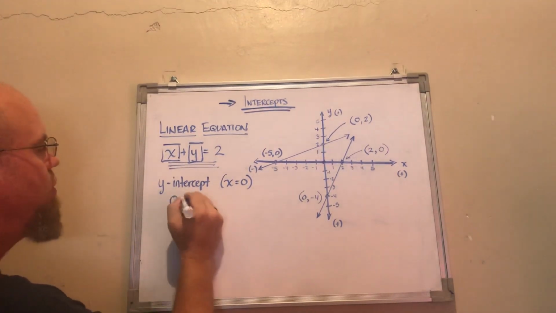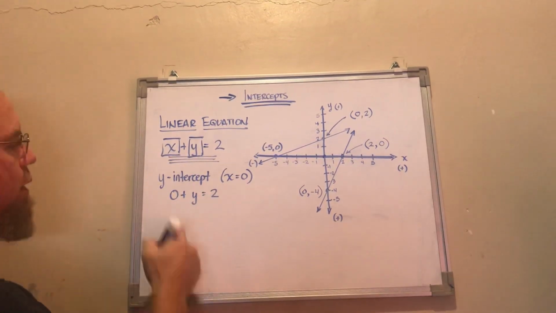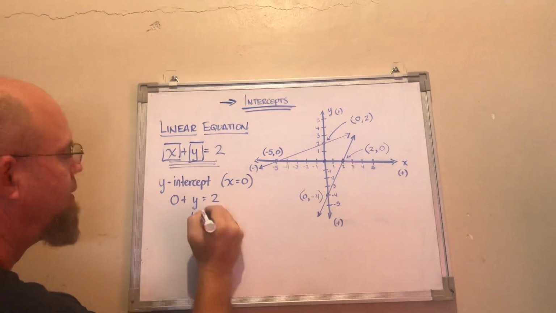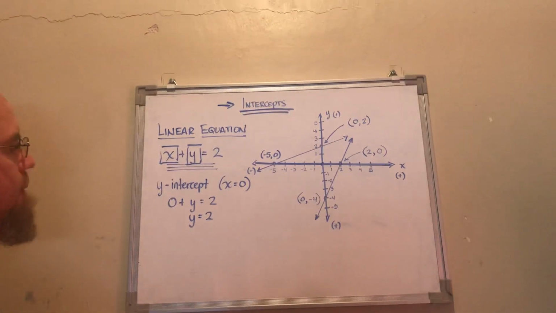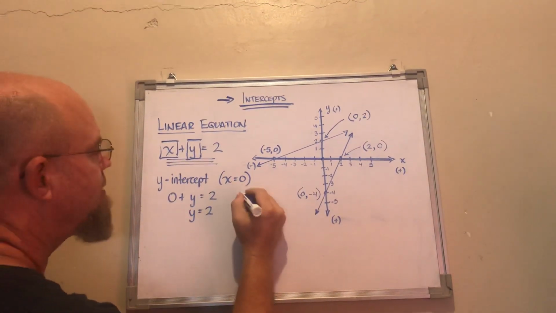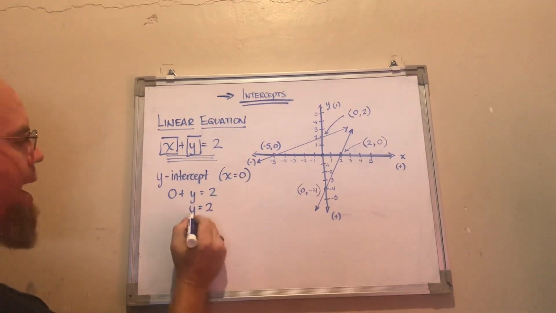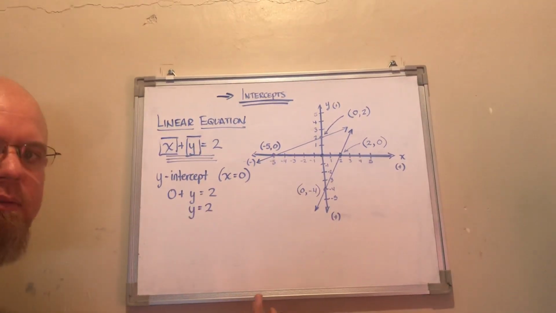So 0 plus y equals 2. Well, what does 0 plus y equal? It equals y. So y equals 2. So from this formula, we know that when x equals 0, y equals 2.